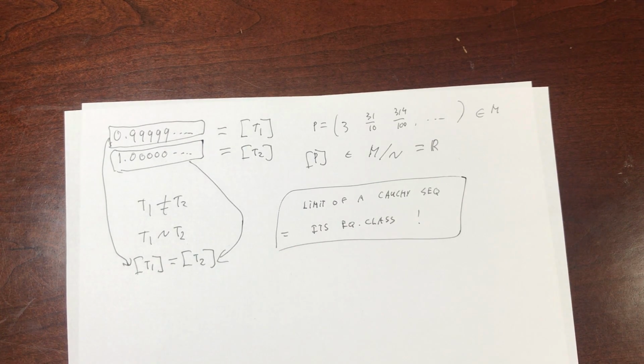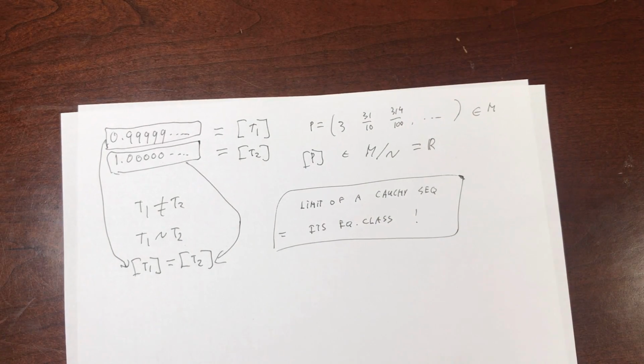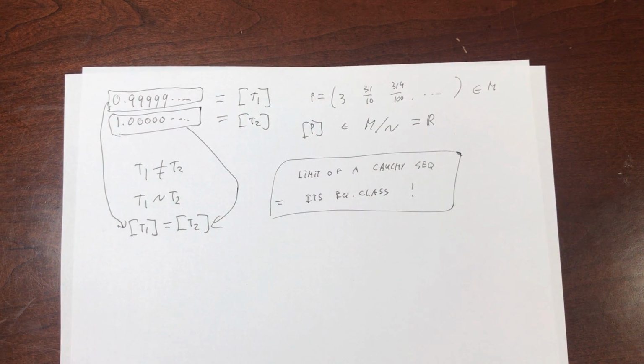Therefore, every Cauchy sequence converges, and the limit is always an element of this. Okay? So hopefully this explains why Cauchy sequences have limits, and why those limits are generally real numbers.